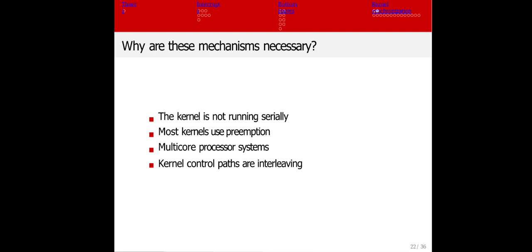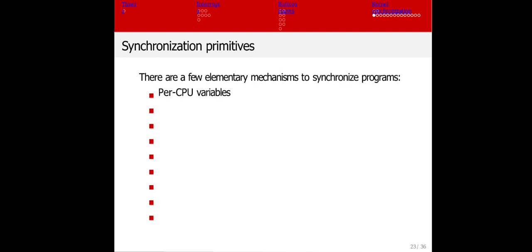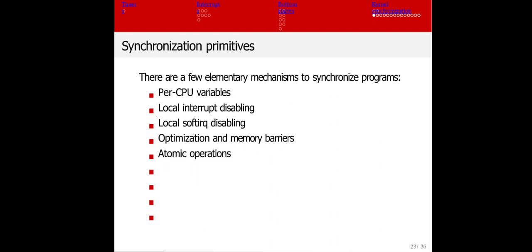There are a few elementary mechanisms to synchronize programs: per CPU variables, local interrupt disabling, local soft IRQ disabling, optimization and memory barriers, atomic operations.